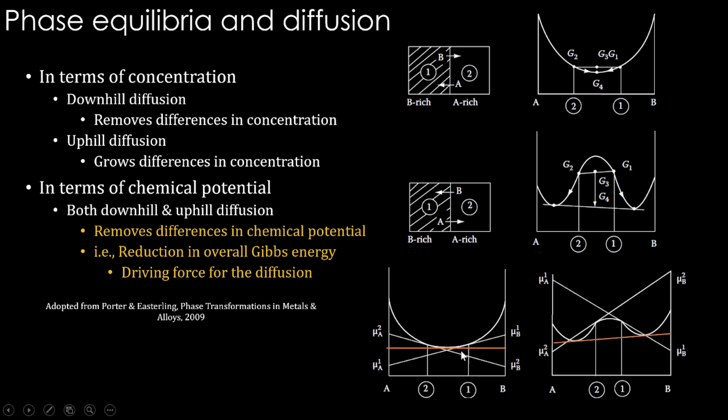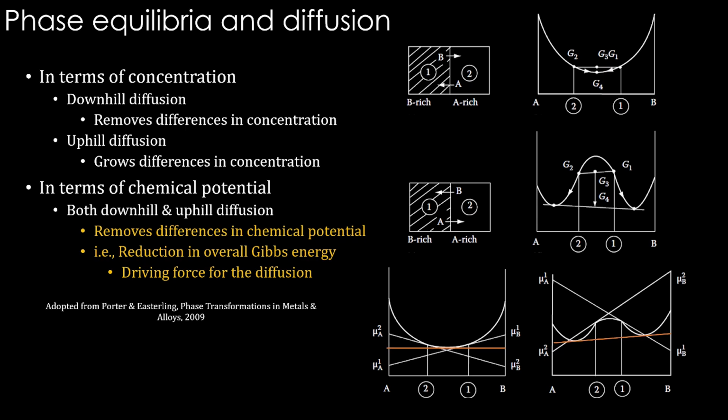Both are fine. And here a tangent is drawn at these two locations, for point 2 and point 1. If you look at the chemical potentials, what will happen to the chemical potential of A and B when it reaches this minimum energy final state? We can draw one tangent like this. And if you see this tangent, what happened to mu A?